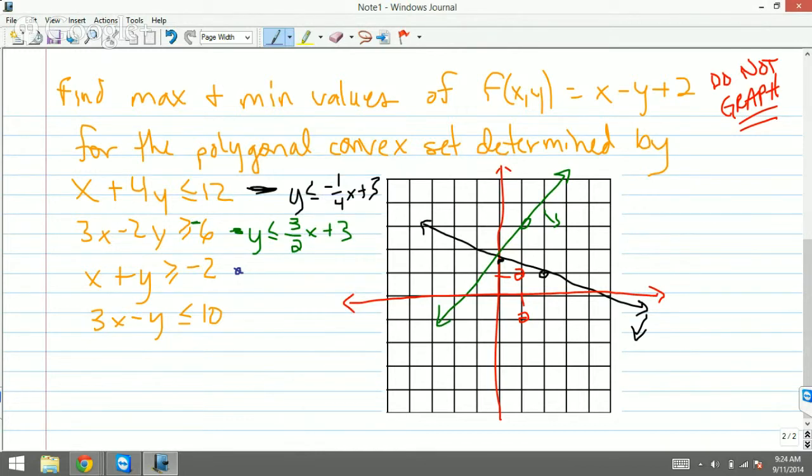Okay. This one. Right. And then the last one.